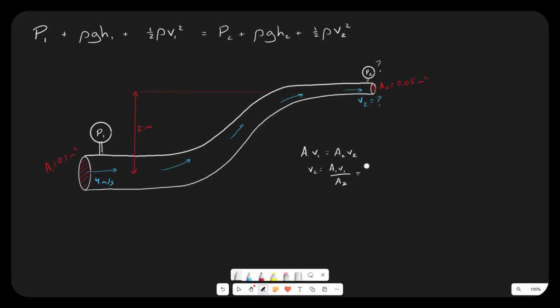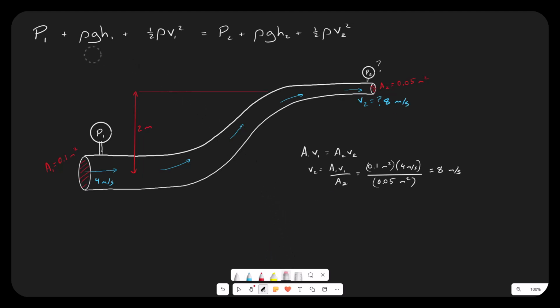So A1, 0.1 square meters, times 4 meters per second over A2, which was 0.05 square meters. This comes out to be 8 meters per second. Now I have V2.